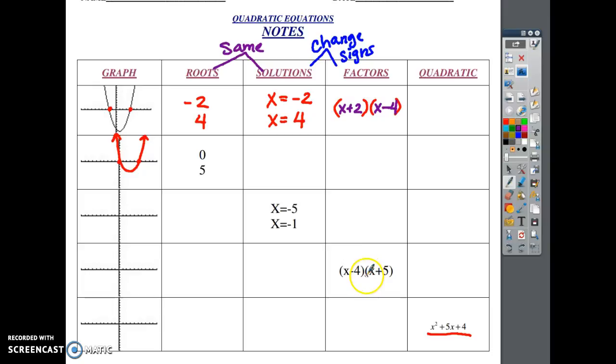So if I'm going from a factor to a solution, then you would change the sign. If this is x minus 4, then your solution should be a +4. And if this is x plus 5, then your solution should be x equals -5. So how does that work?